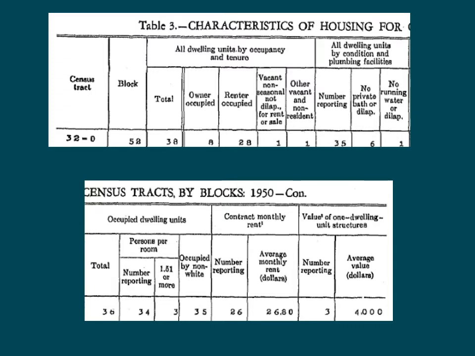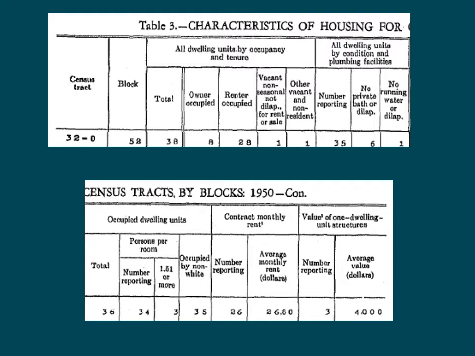One of them was vacant, might have been for rent. Another one, other vacant and non-resident, not quite sure what that is. You probably would see that in the instructions for the enumerators. Then we look at the condition and plumbing facilities.